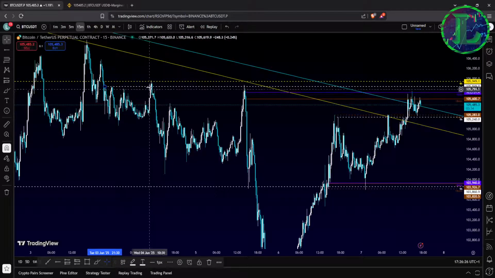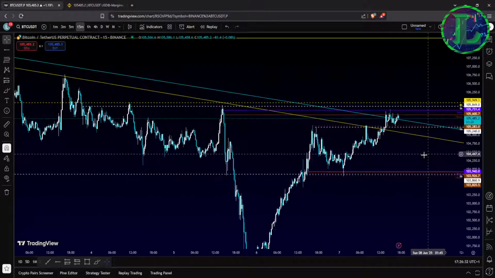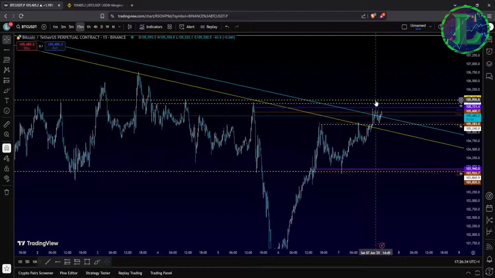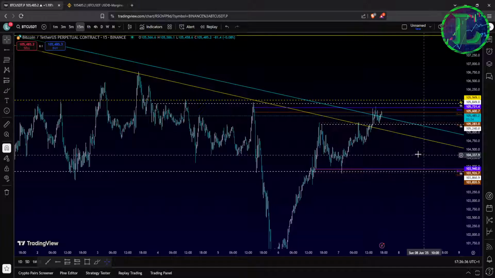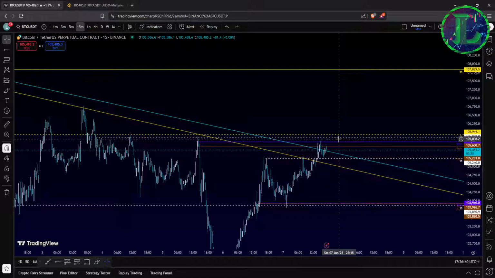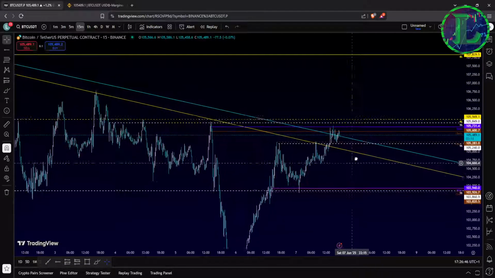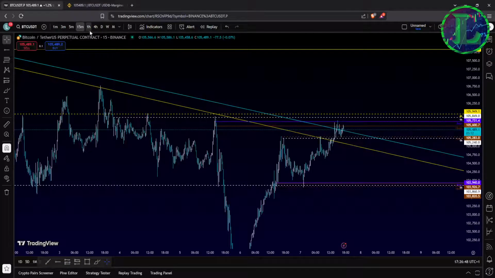Okay, so the third test, fourth test, let's see if we are going to break up. If we don't break up, we are going to see a big move down probably. If we break up, we are going to see a big move up. That's why that's a polarity moment, probably going to that 4 hour and testing a 2% move. But first we need to break these trends.